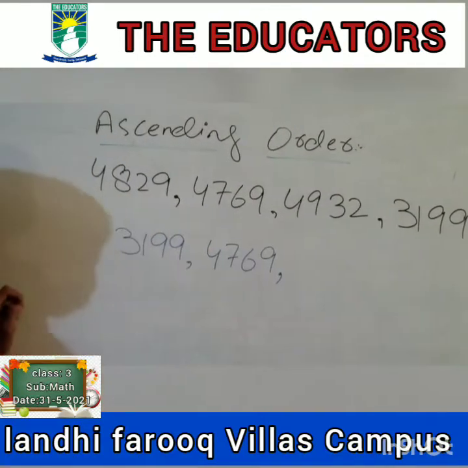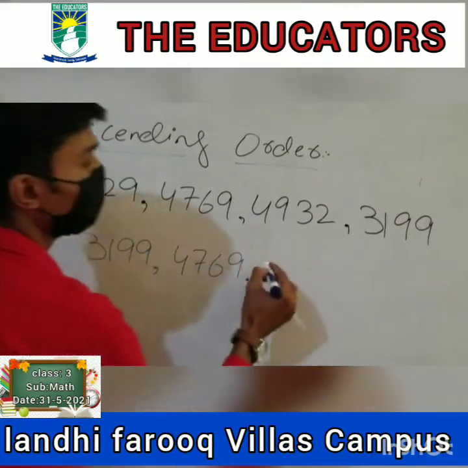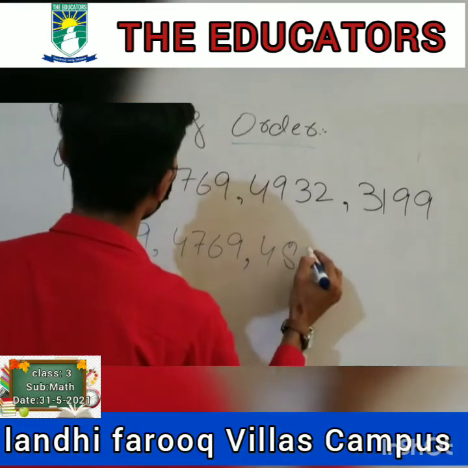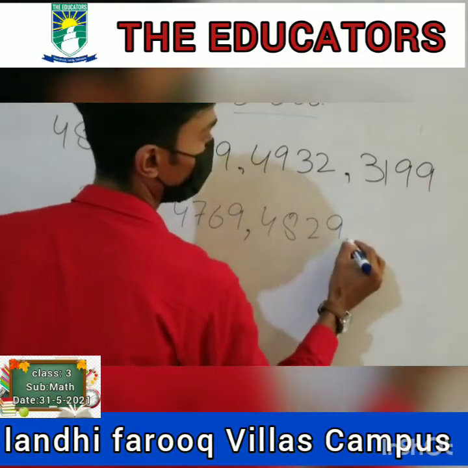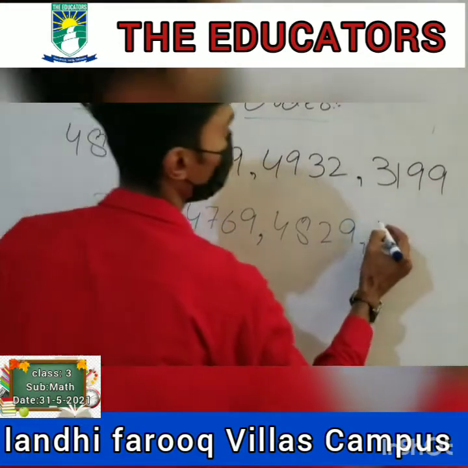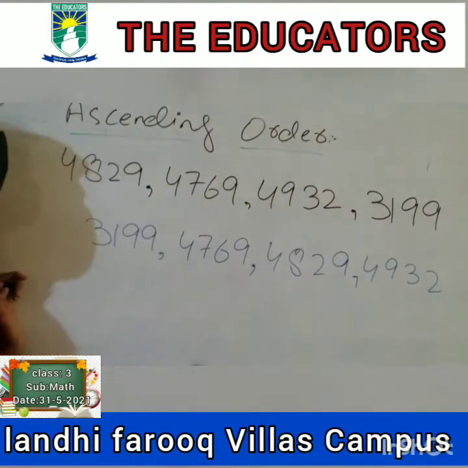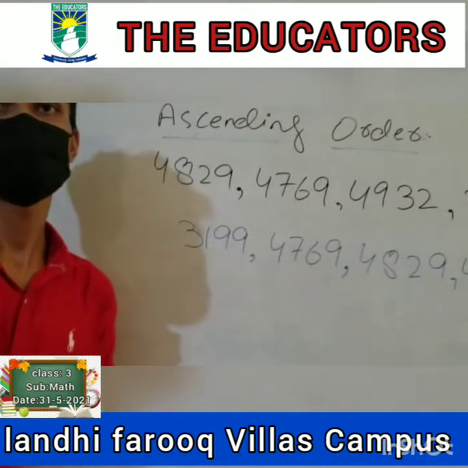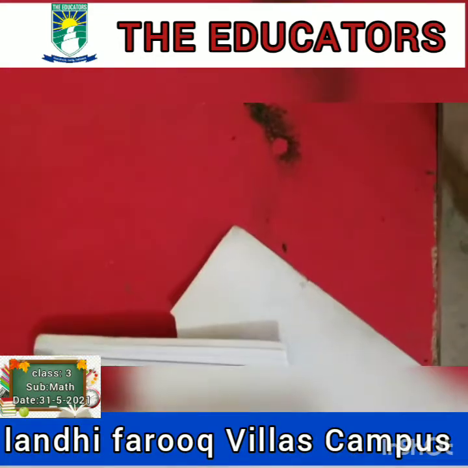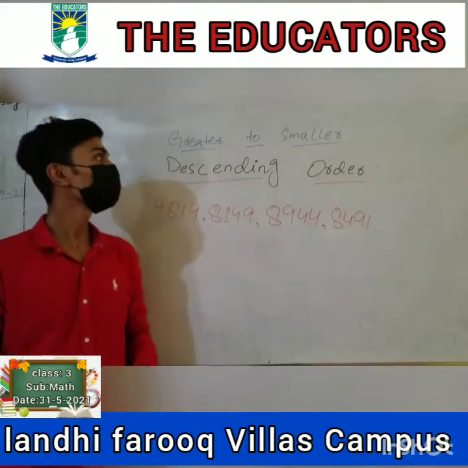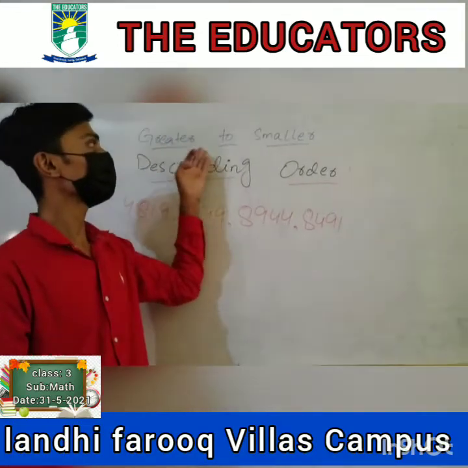What is the smallest? 48. So we write 48. And last, this is 49. So this process is called ascending order.